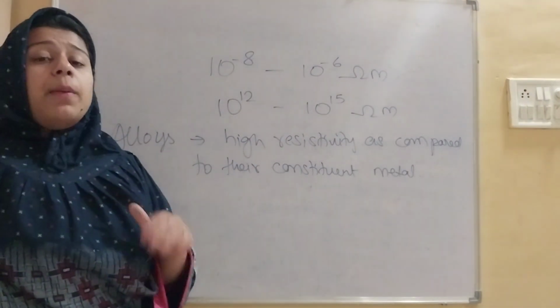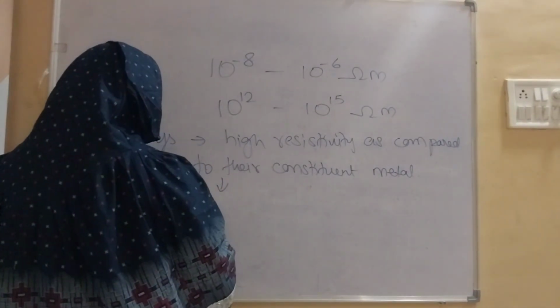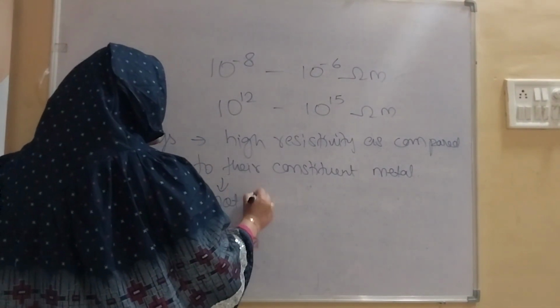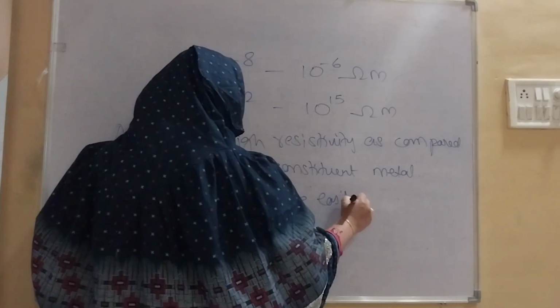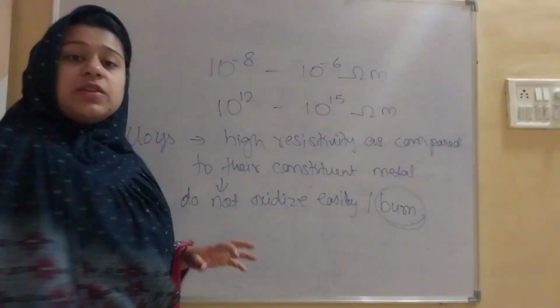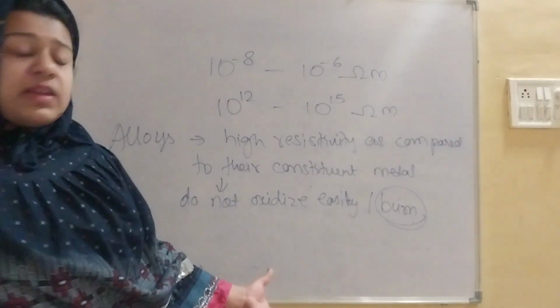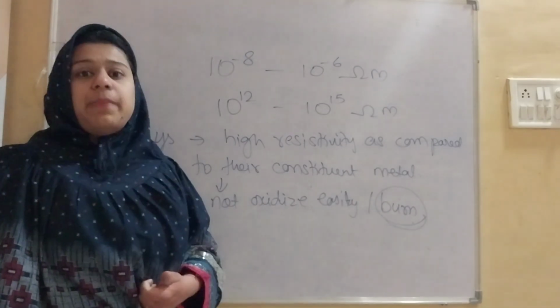Because of this, the alloys do not oxidize easily, meaning they do not burn easily. So this is the reason alloys are used for making electrical heating appliances.